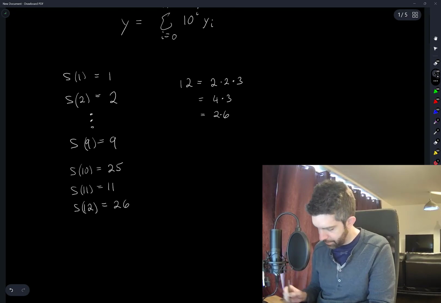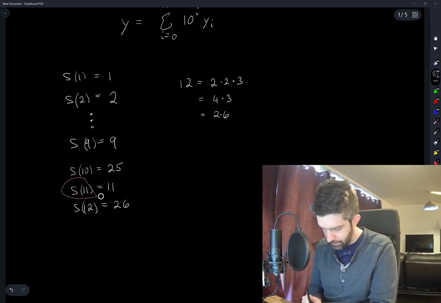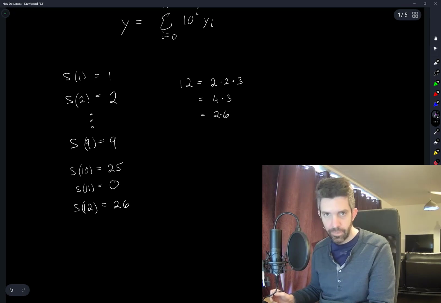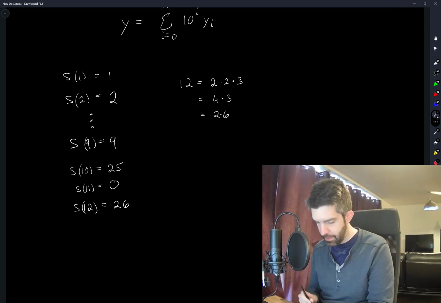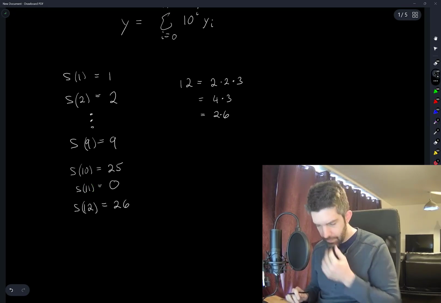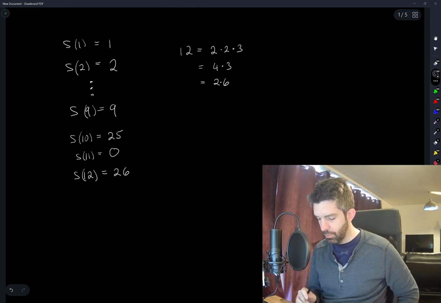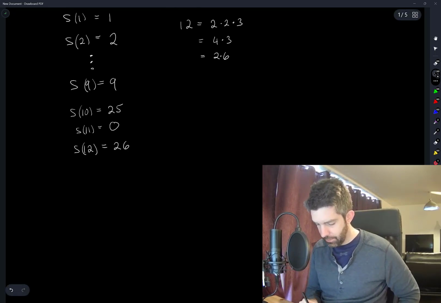Oh, I made a mistake here. S of 11 is not 11. S of 11 is going to be 0. So again, in the statement of the question, there is no such integer such that its digits will multiply to 11. In fact, I'm tempted to say now, for any prime which is not one digit, the answer is going to be 0.